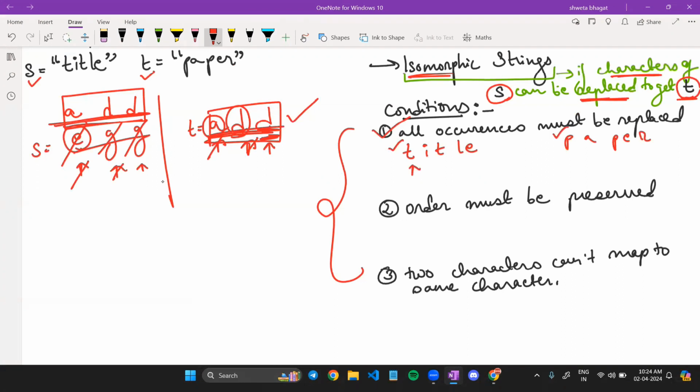The first character of string T is P, whereas the first character of string S is T. So we want to replace this T with a P, so as to make them equal.